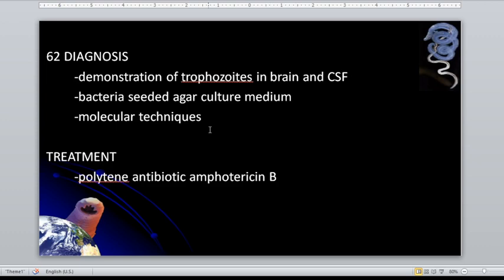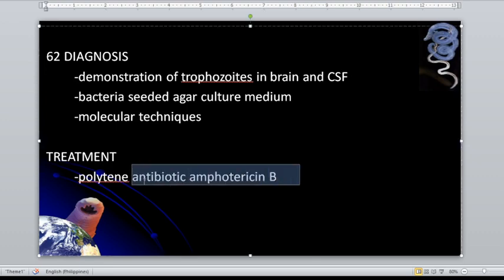Molecular techniques are also possible. Treatment is the polyene antibiotic amphotericin B. But aside from this one, I'm certain that there are other medicines used together with this one, because again, they are targeting the brain.